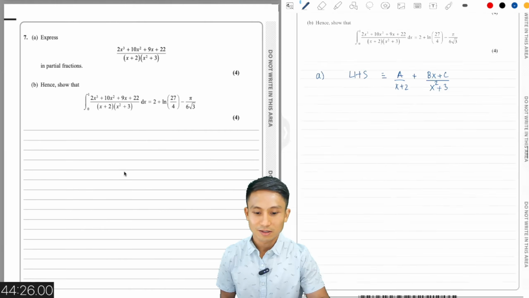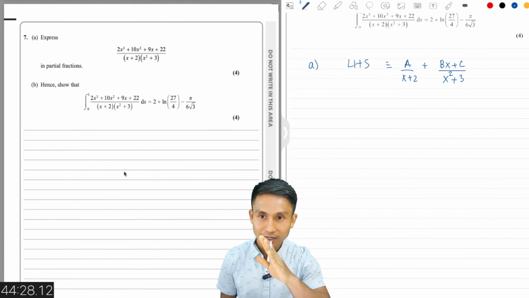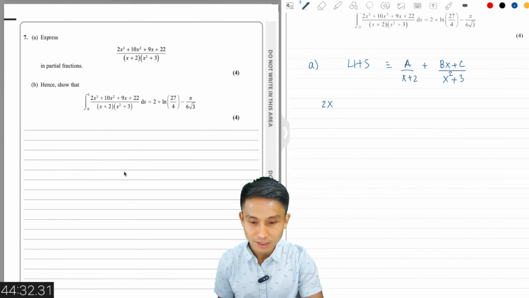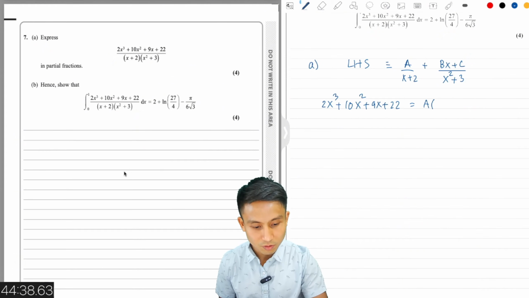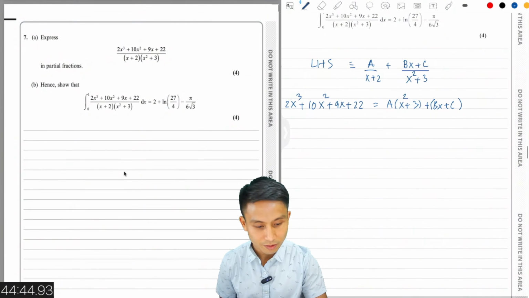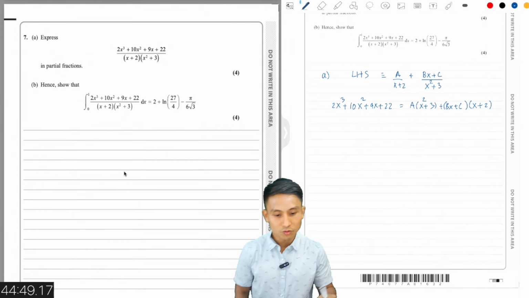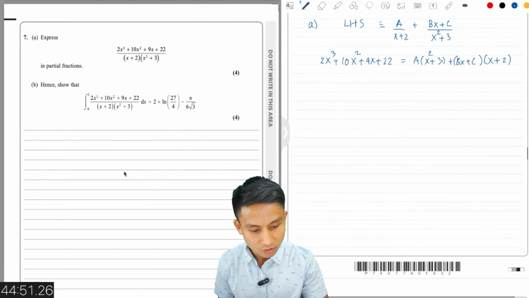And that's it. So if you multiply out by x plus 2 times x squared plus 3, you're going to get the left-hand side being this. Equals, so A would be multiplied by the quadratic factor, and bx plus c would be multiplied by the linear factor there. And then you just do the partial fraction step. So I'm just going to substitute x equals minus 2, right?